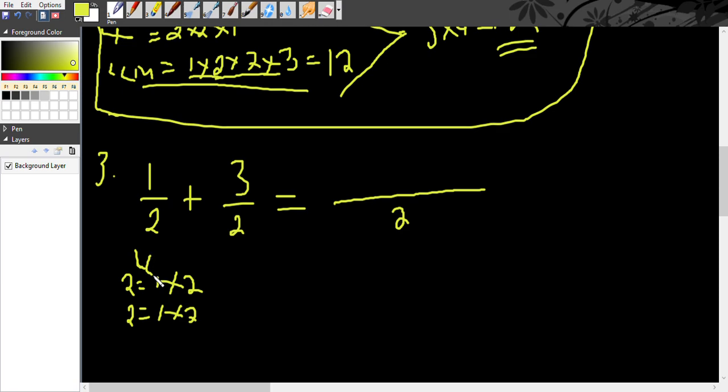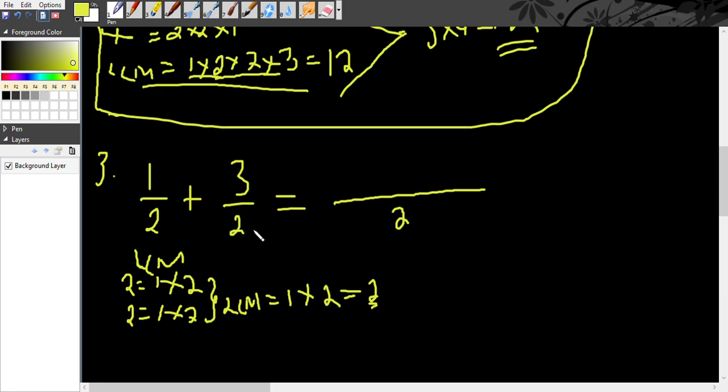So the LCM of 2 is equal to 1 times 2, which is equal to 2. Okay, so there we have it, 2.